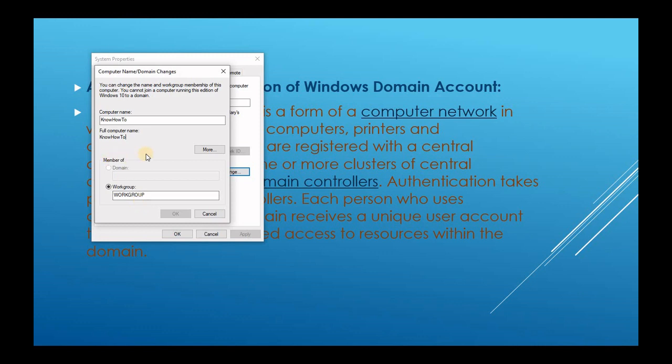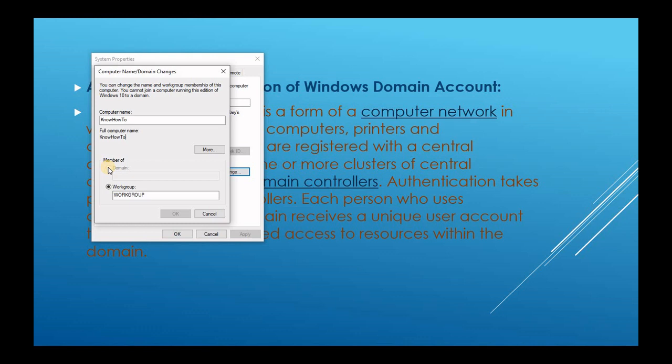As I have only Home Edition, I will not be able to click on this domain radio button, but if you are running Enterprise or Education, then you can click on this domain radio button and connect to that particular Windows domain account.